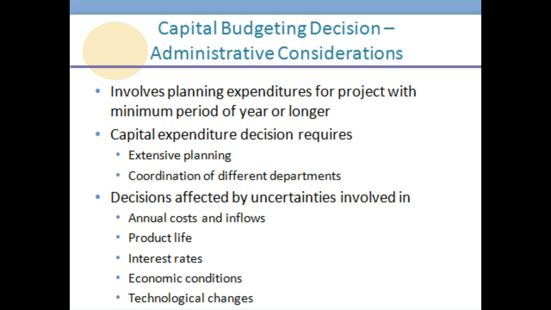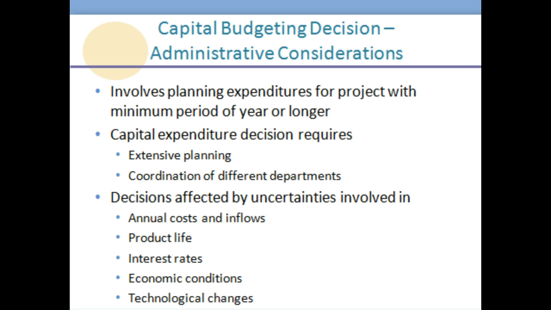So, the administrative considerations in the capital budgeting decision center on capital expenditures as outlays for projects with lives extending beyond 1 year and even as long as 25 years for utilities and oil and gas companies. That intensive planning is required, that capital expenditures usually require initial cash flows, often large, with the expectation of future cash inflows.